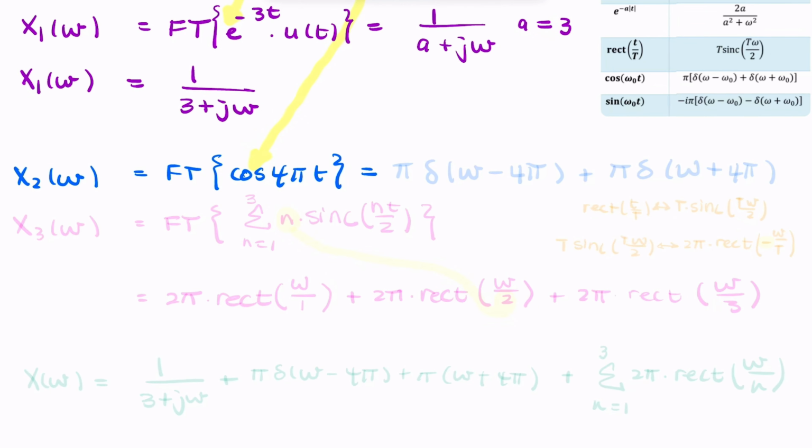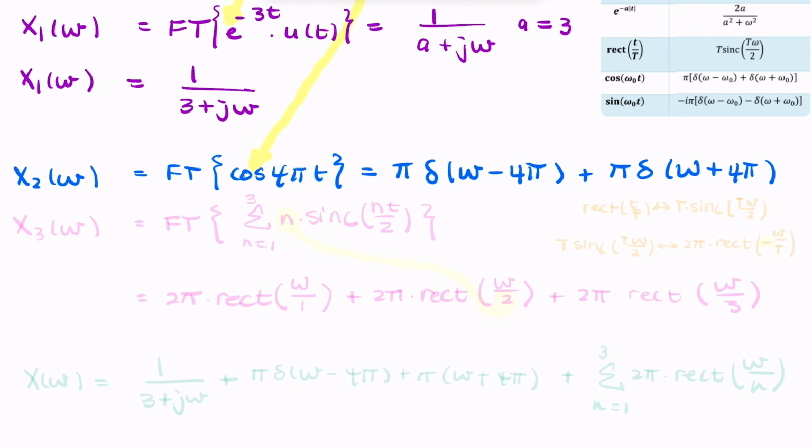And again, if we use the table, it looks like the answer is simply pi times an impulse at omega minus omega naught, which in this case will be the 4 pi. So omega minus 4 pi plus the same impulse at omega plus 4 pi.